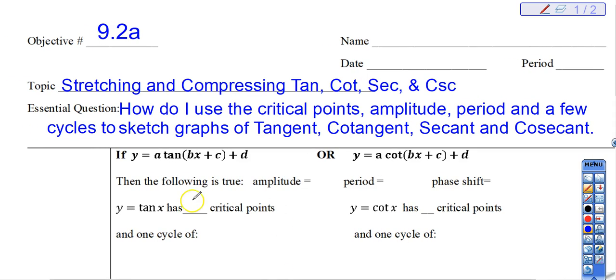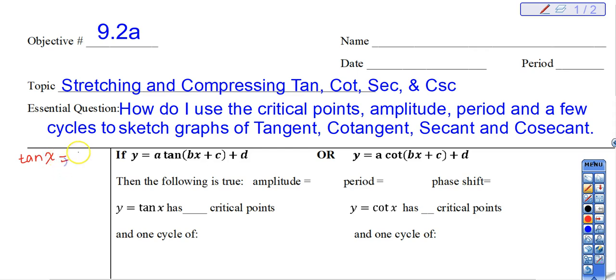Okay, things to remember. Tangent and cotangent, which is our focus for today, can be decomposed into sine and cosine. True? So what I'm going to do over here on this side is indicate some things on the unit circle in red.